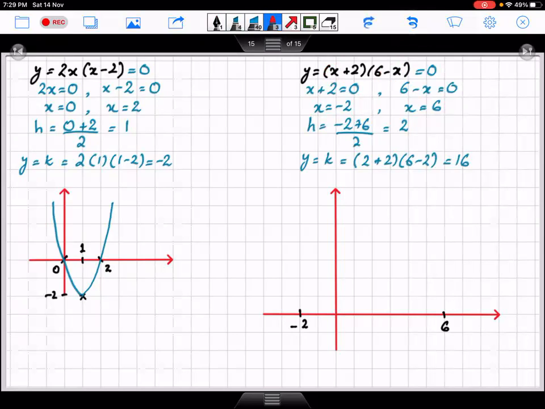So we know that the graph should be in the sad face direction. So we have the value of h is 2. So whatever the point maximum is, so we will be sketching like this.